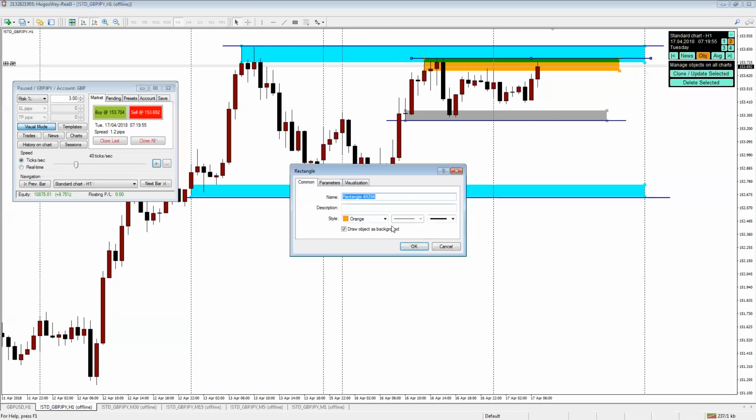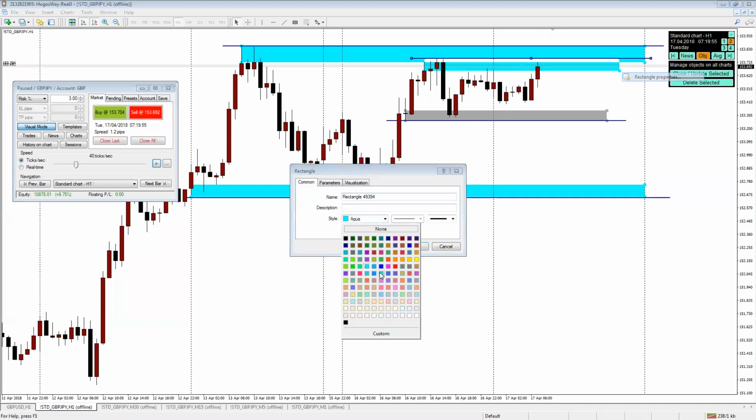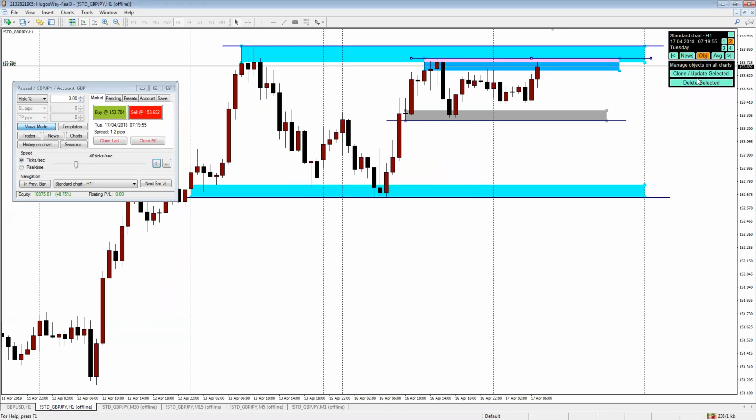Okay, this looks pretty good, and it overlaps. Let me use a different color. That's better. Okay, so when this overlaps, I like it when things overlap. I mean, it is more solid.